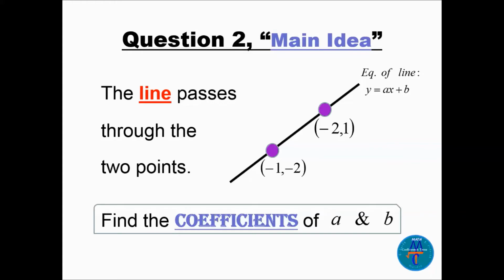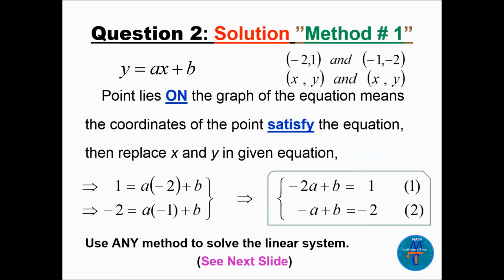All right, let's go to method number 1. Since this point, minus 2, 1, lies on the graph of the line, the coordinates of the point, meaning x and y, satisfy the equation.